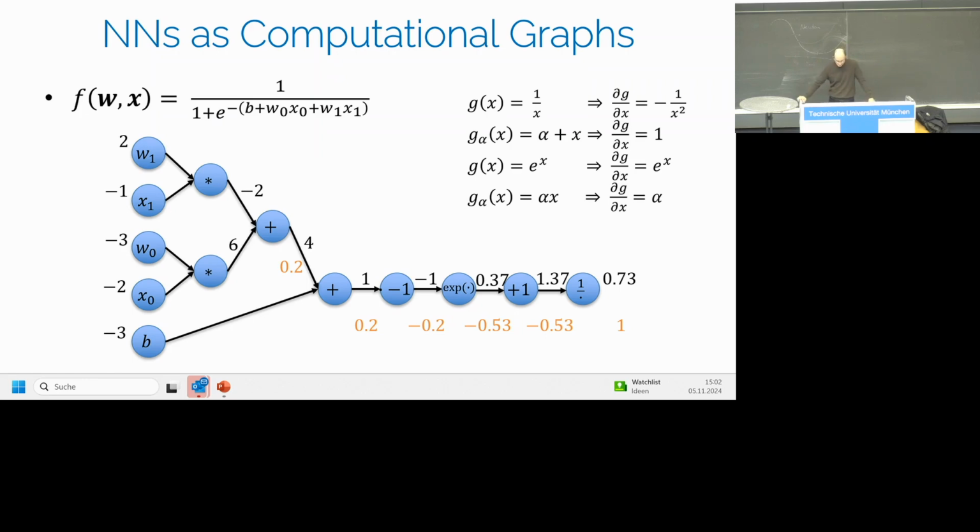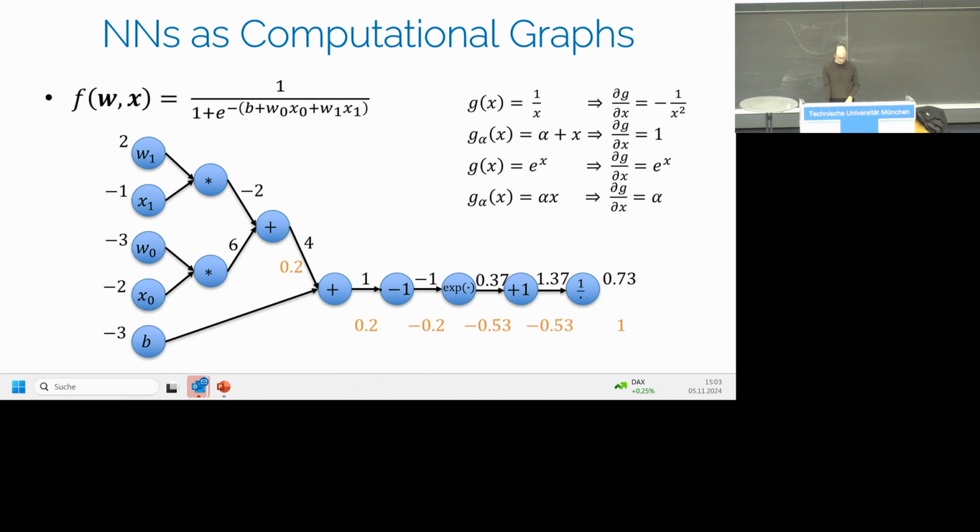Take a random network architecture, some mathematical expression, write it down as a computational graph, do forward passes, backward passes through the network. And so that allows us now, we have found a way to compute partial derivatives by propagating this information from the output back to the weights.